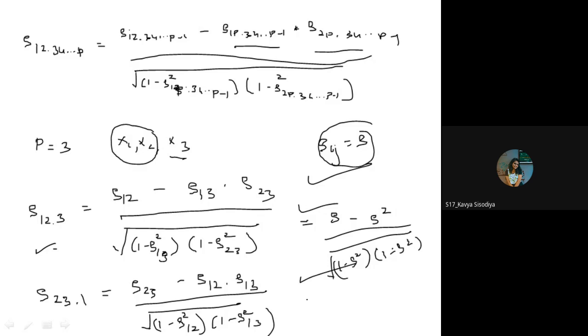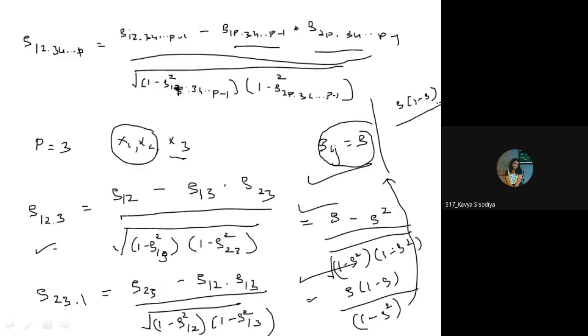Okay, so what happens if I take rho outside? It is rho into (1 minus rho), and here it is 1 minus rho square. So 1 minus rho square is nothing but, can I write it this way, (1 minus rho)(1 plus rho). So this will cancel out. So what is the answer? It is rho upon 1 plus rho.